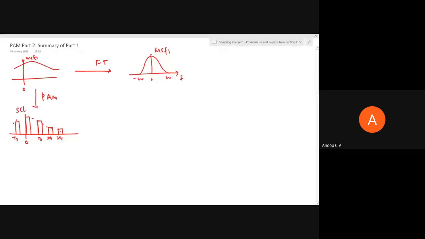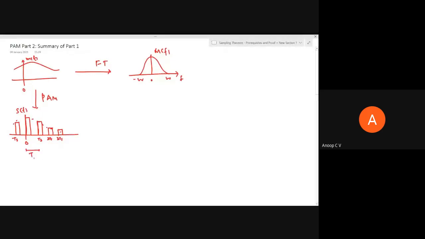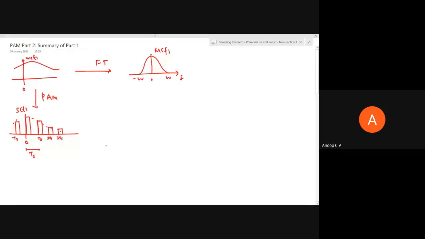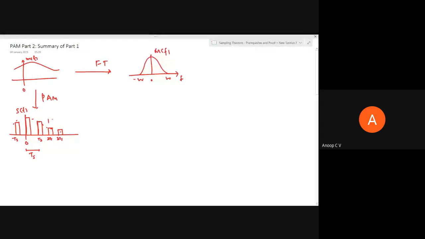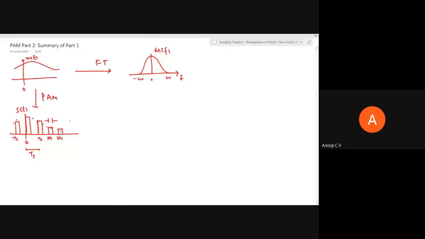We represented this PAM signal as s of t. The separation between leading edges of adjacent pulses, or trailing edges of adjacent pulses, is Ts, our sampling interval, and capital T, which was there in our S of f expression, is nothing but the duration of the pulse.